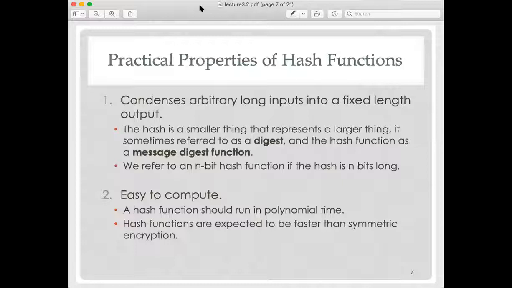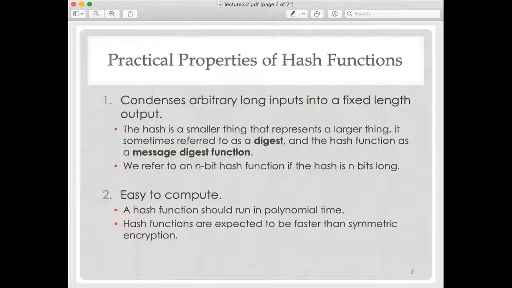The other practical property of a hash function is it's easy to compute. بمعنى it doesn't take exponential time. يعني if you give it a terabyte, it takes a longer time, but not exponentially longer.